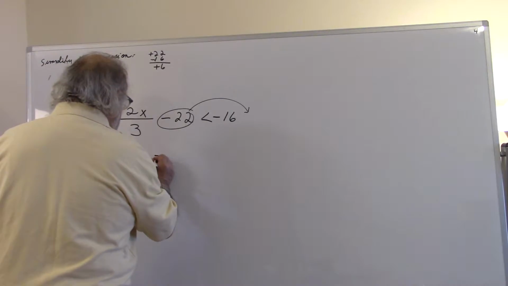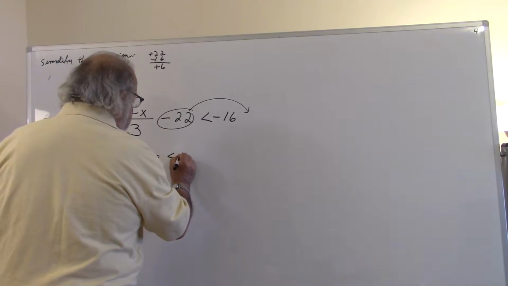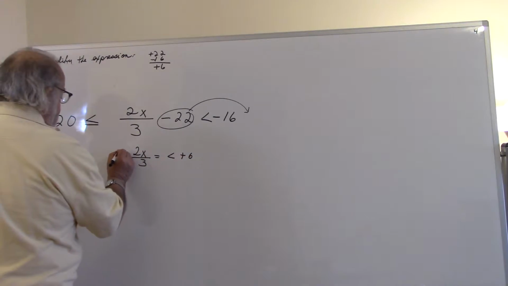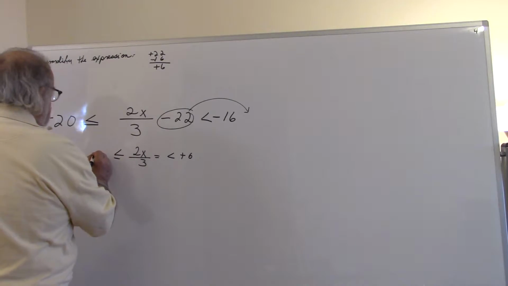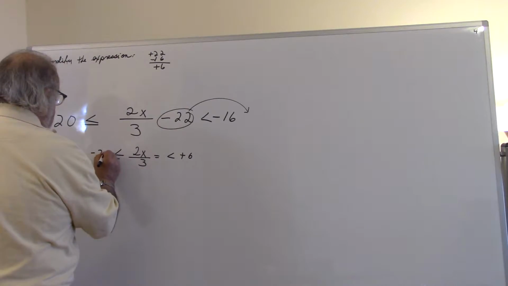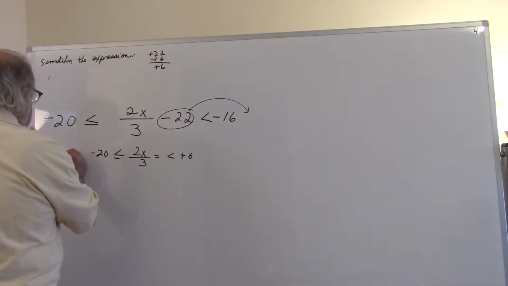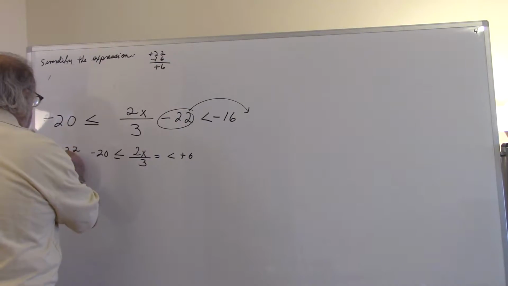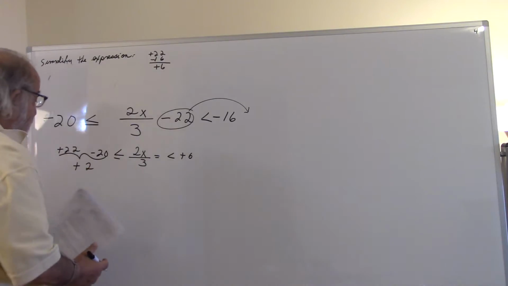And minus 20 plus 22, and that gives you a plus 2.